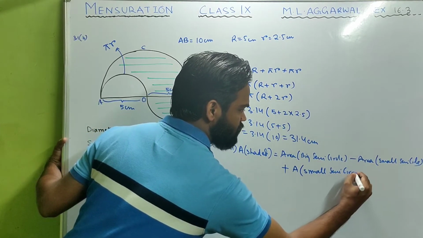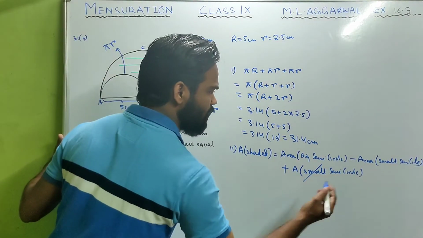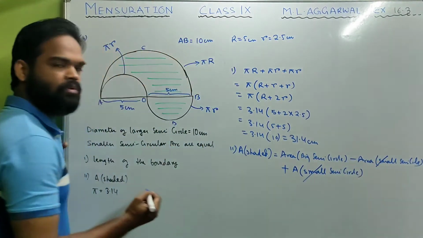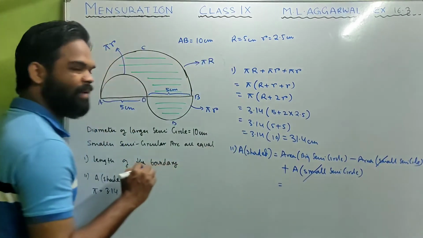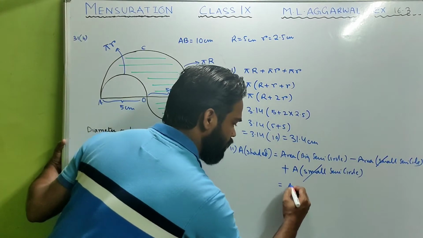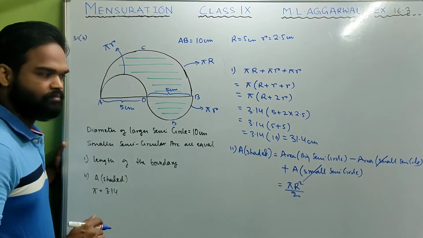And since the small semicircles have equal radius, this and this cancel out. So what is the area of the shaded region? It's simply area of the big semicircle, which is pi r square by 2, isn't it?